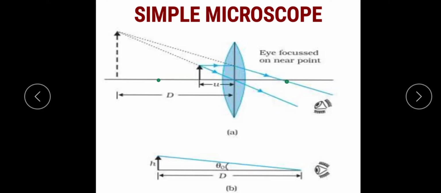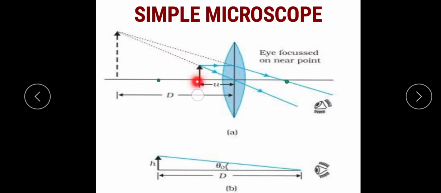Then C is the optical center, and the object is present at a distance u. The distance from the object to the optical center is called the object distance.